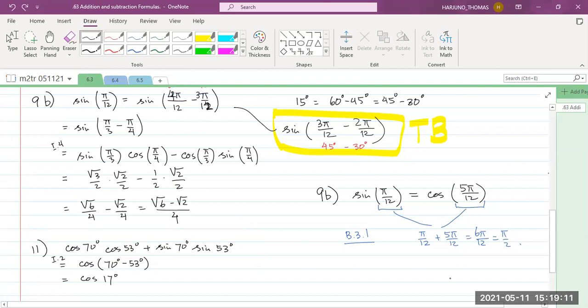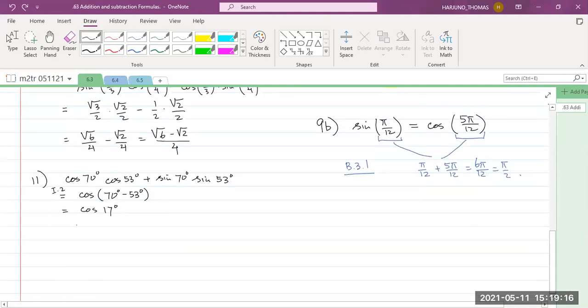So imagine if I ask you this question, for example, find the exact value of sine 53 degrees cosine 7 degrees, plus cosine 53 degrees sine 7 degrees.